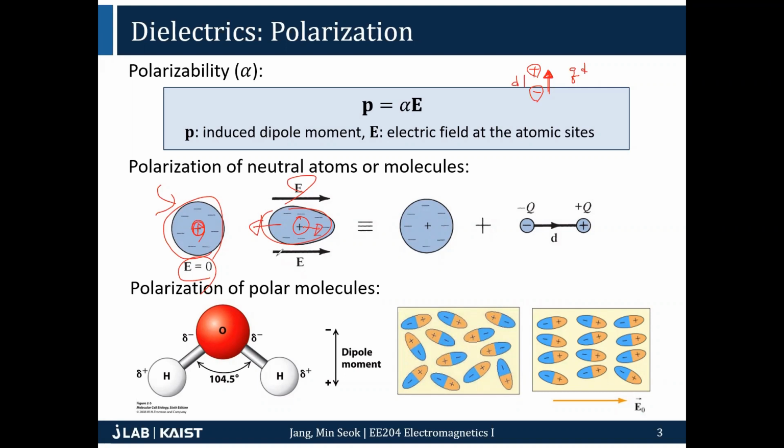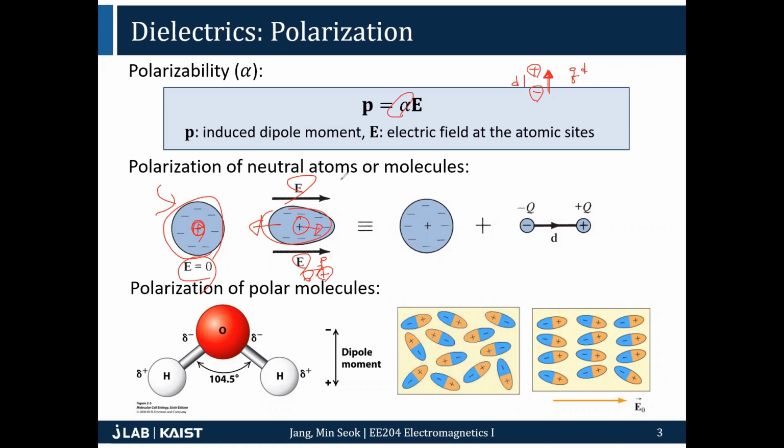And due to that force, when there is an electric field, a small dipole moment is created, right? Because the center of the electron cloud now does not exactly match the position of the nucleus. So you have a non-zero dipole moment P, and that dipole moment is induced by electric field E. And alpha connects these two.